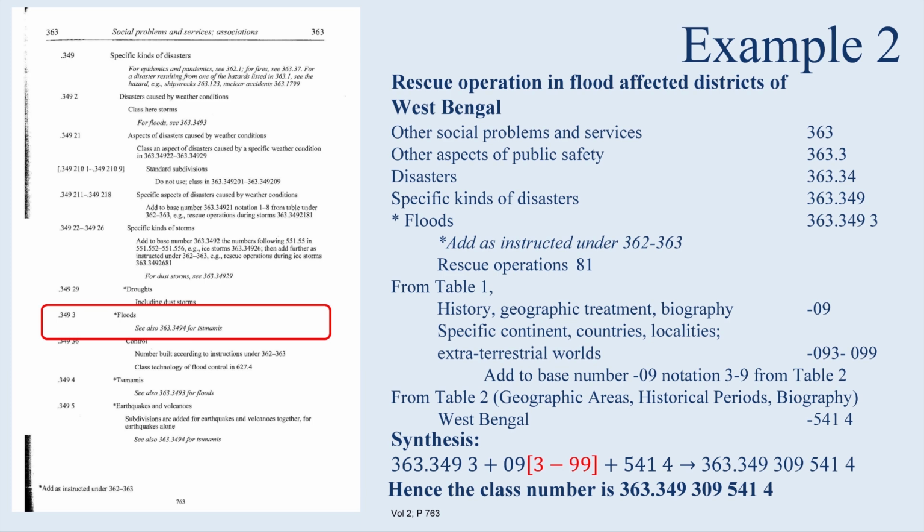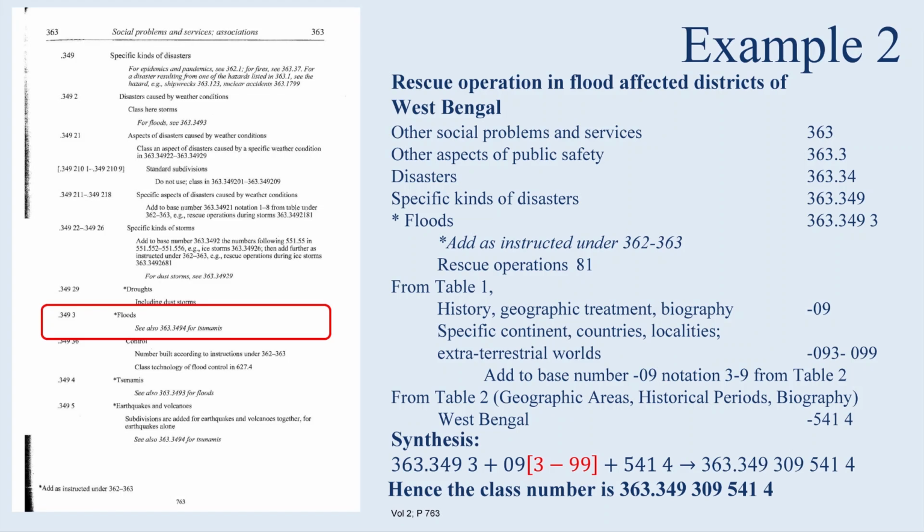So we start with 363.3, then disaster is under 363.34, and a specific kind of disaster is in 363.349. Under that, floods come under 363.3493. Again, there is an asterisk mark, so we have to move to the extended subdivision under 362 to 363. There, rescue operation is 81. Okay, so we have got the number for flood and rescue operation, meaning rescue operations in floods.